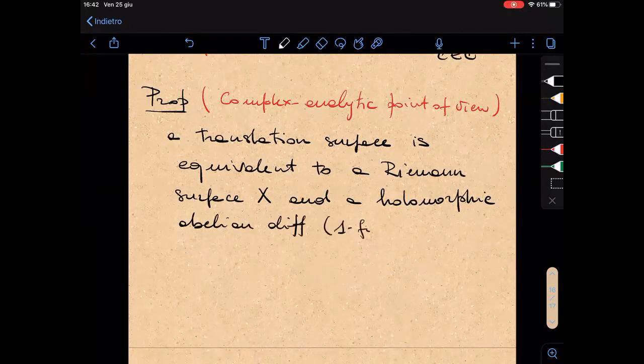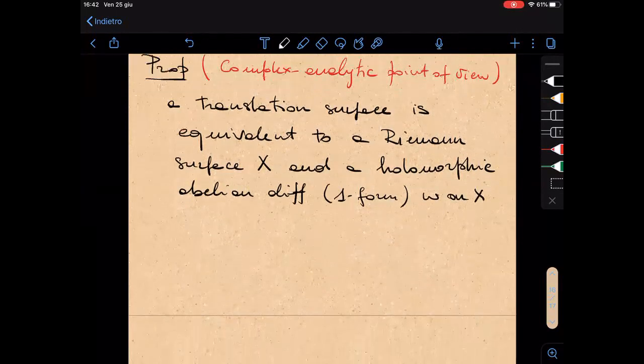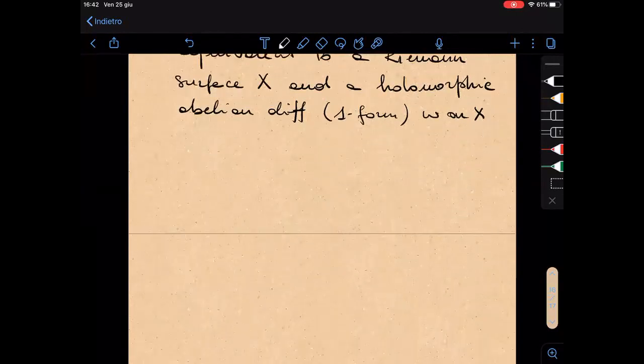These are one-forms, but they are called Abelian differentials, omega on X. So let's see briefly why we have this kind of equivalence.